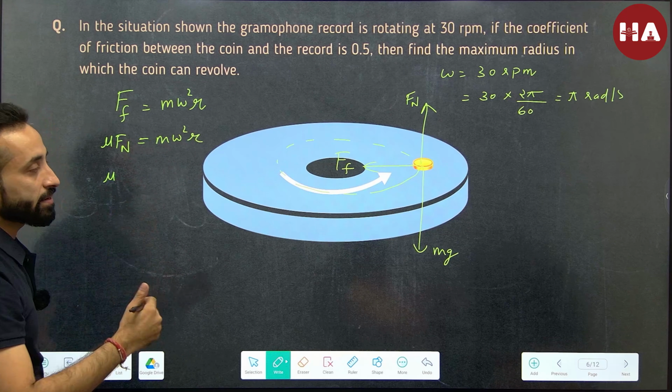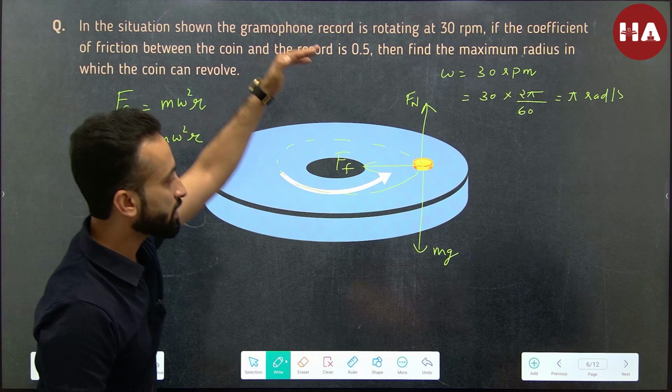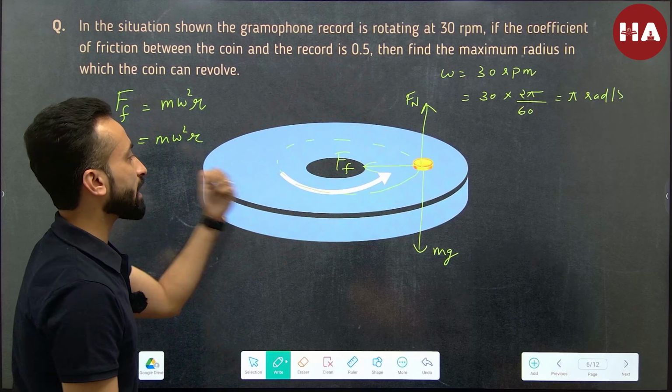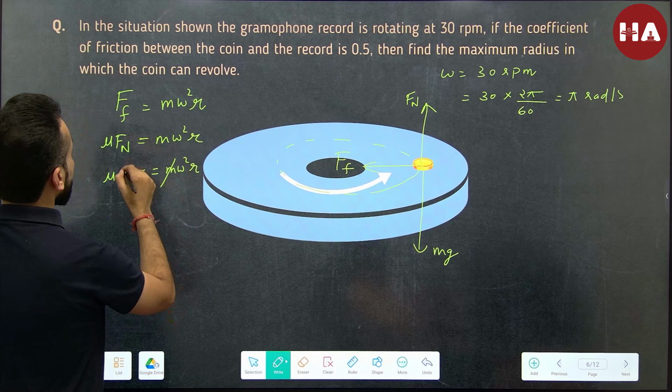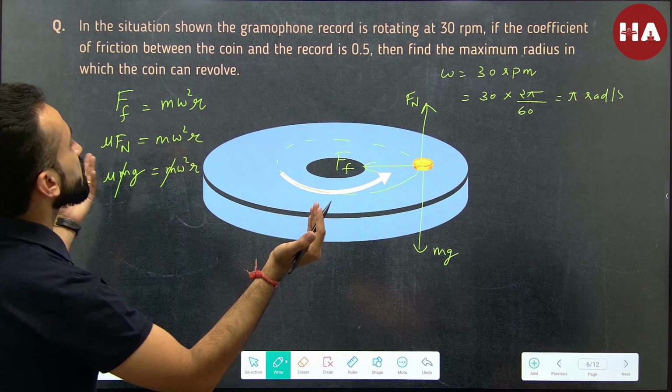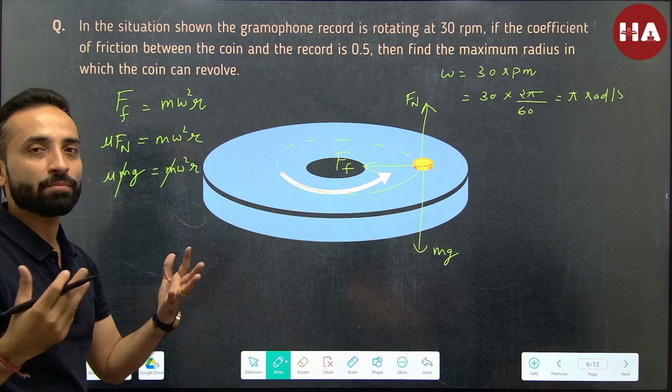Now Fn is equal to mg. So I hope you understand that the weight is making the normal contact and friction is providing the necessary centripetal force. So m cancels out, and that is why probably they've not given us the mass of the coin. So this does not depend on the mass of the coin.